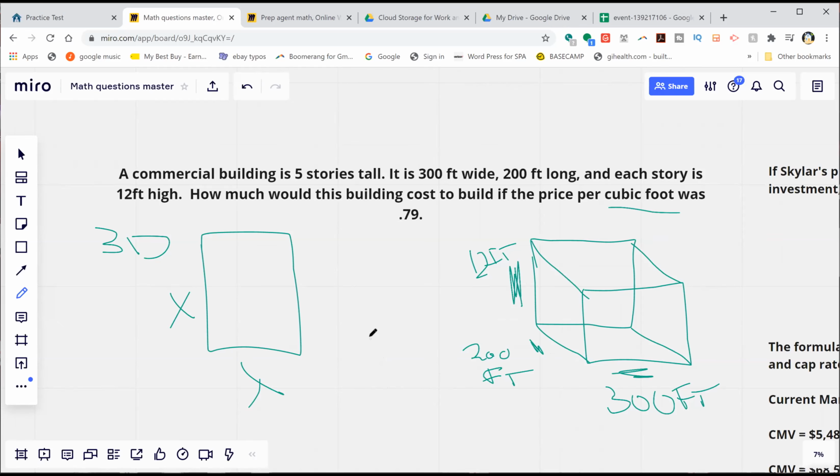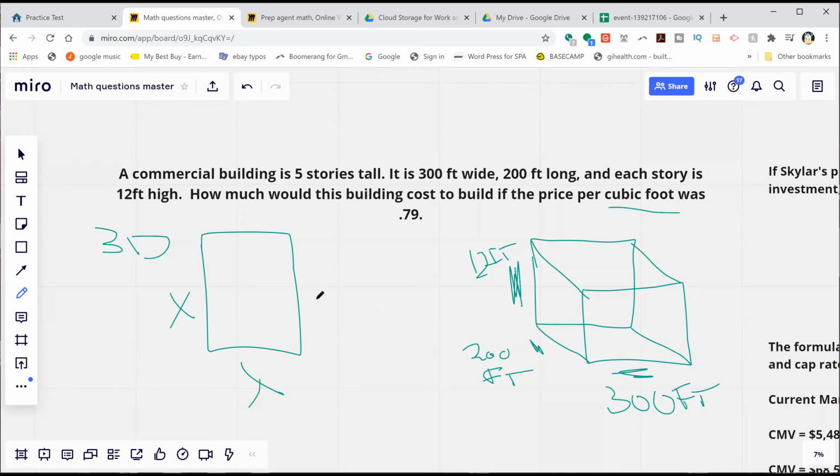Tell me what crazy, crazy number you get. What do you cool cats get? So someone said you take the whole entire thing, then multiply by 5 stories. I like where you're going with that, but we're not there yet. So let's multiply the 300 by the 200.